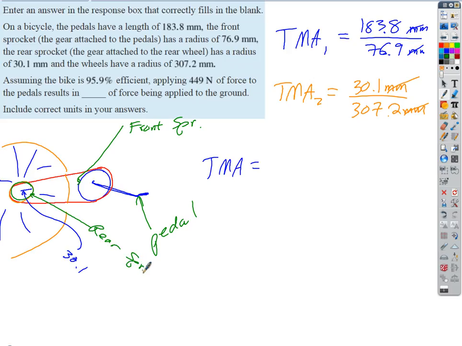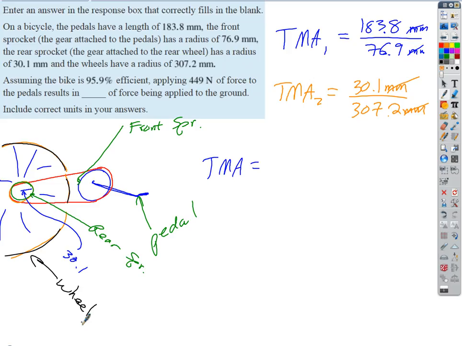And then this guy right here is the wheel. Okay? Does that make sense? Then we're going to find the product, but we're not quite done.